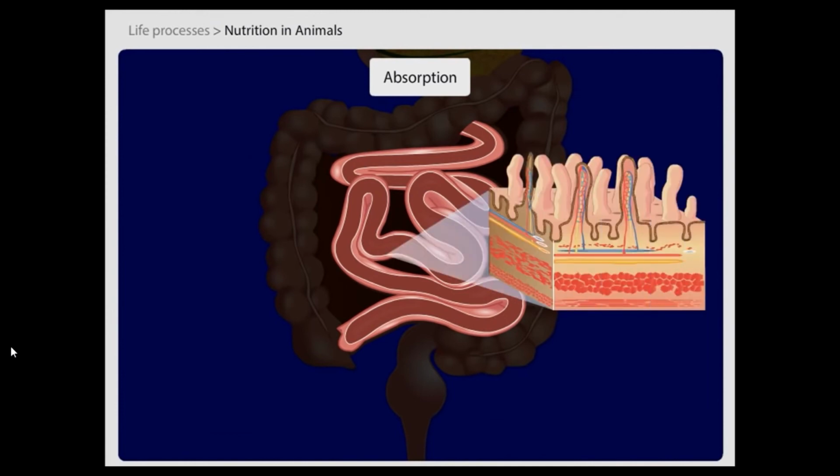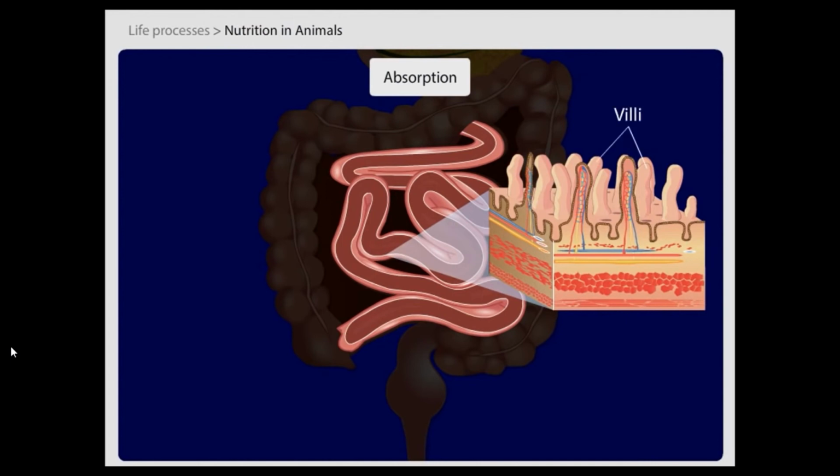After digestion, the molecules of the food become very small and are pushed ahead in the small intestine by contraction and relaxation of the muscle. The inner surface of the small intestine has millions of tiny finger-like projections called villi. The digested food is absorbed by the villi.